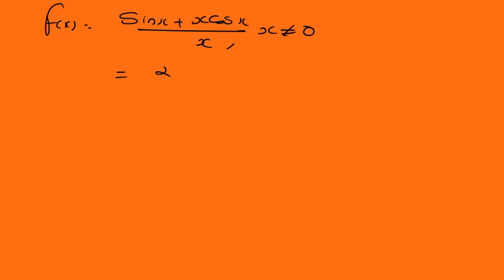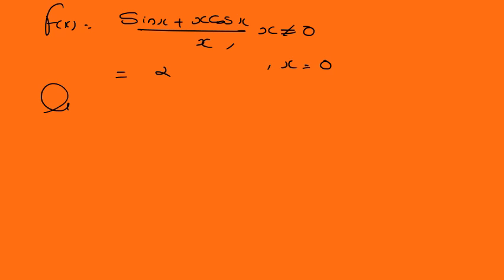Next, check the continuity of the function. F of x is equal to sin x plus x cos x by x, for x not equal to 0, and equal to 2 at x is equal to 0.